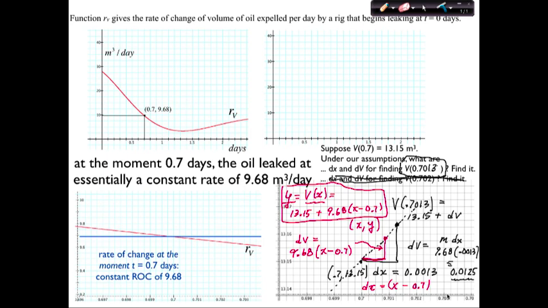But this is the heartbeat of what's going on when we say we know our rate of change and we want to know how much we have. And we could imagine doing this for every moment, and then we'd have the entire volume function, not just this one moment at 0.7. So we'd have 1,000 little equations like this.